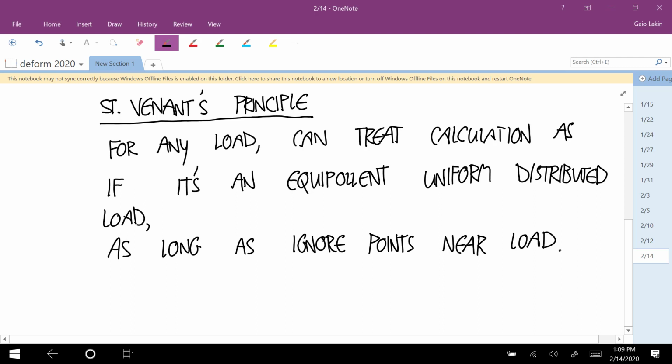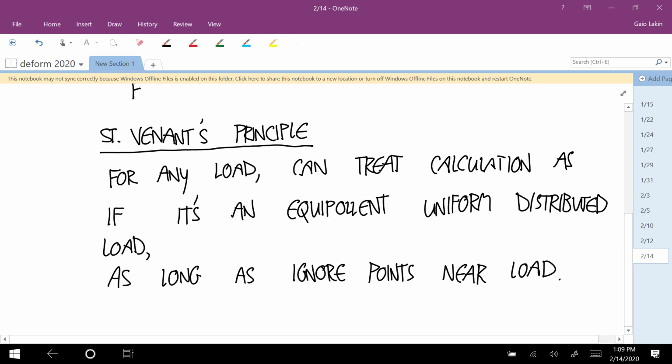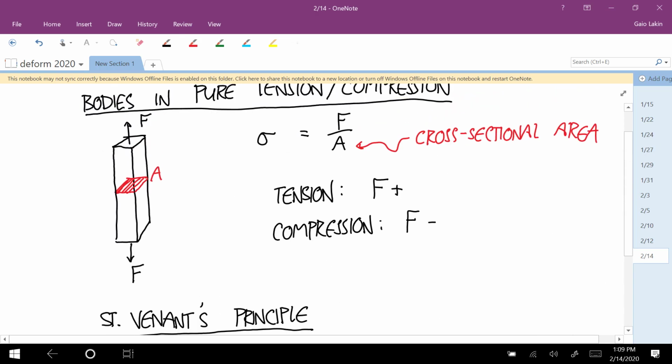Okay, so up here I drew this body that has these point loads applied to it, and what I said here is that the normal stress anywhere along this is equal to this, at any point in that body. Well, I said that this force would make that little point bulge out.